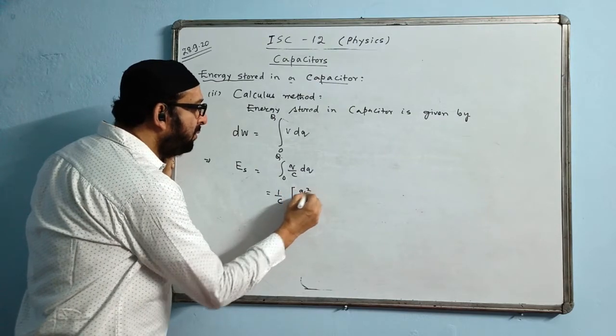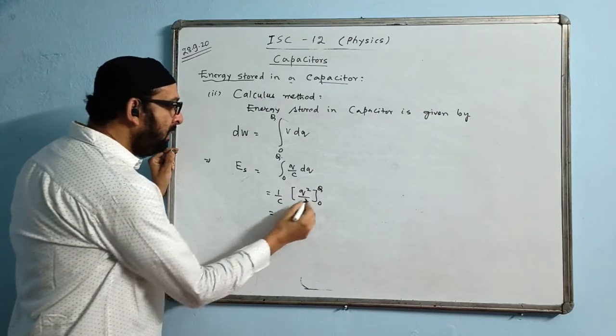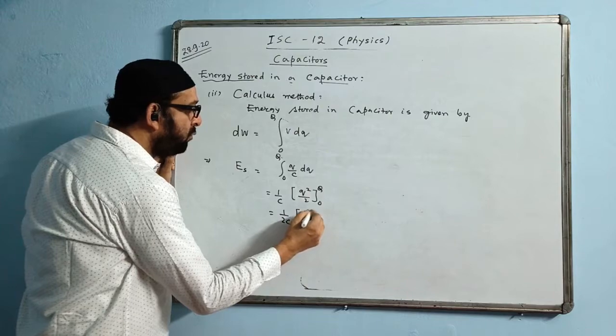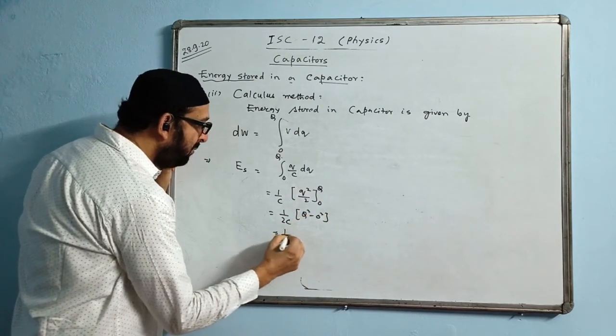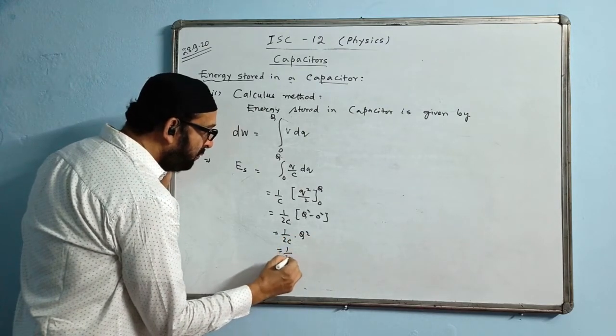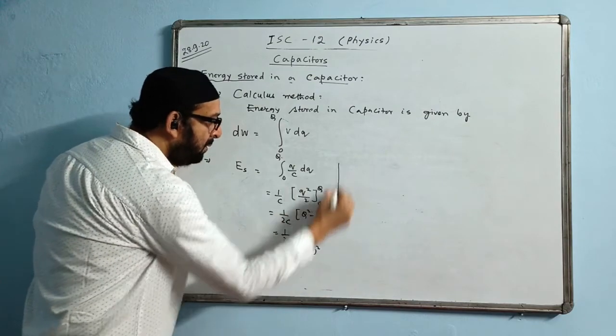Integration of q dq will become q squared by 2, and the limits remain 0 and Q, capital Q. This will multiply with 1 by C. Here we will put the limits: Q squared minus 0 squared. This 0 squared we can leave, so it becomes 1 by 2C into Q squared. Writing 1 by 2C as it is, Q value we put CV squared.